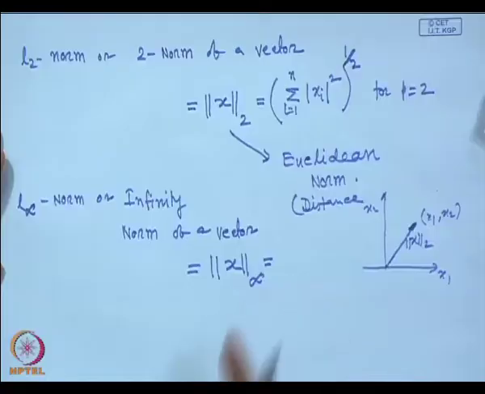If x 1 is less than 1, then x 1 to the power of infinity is 0. Suppose x 1 is greater than 1, this is infinity. Out of x 1, x 2 and all these, whichever magnitude is the greatest and greater than 1, that information is enough to find the infinity norm.